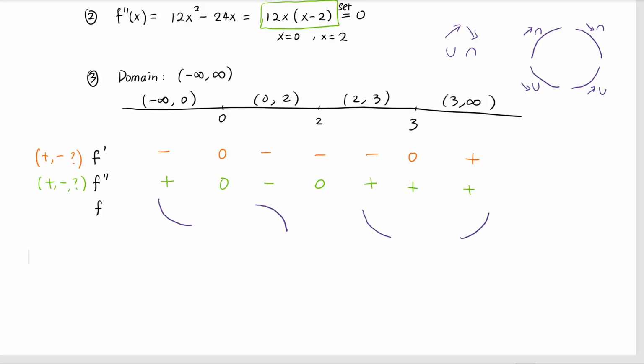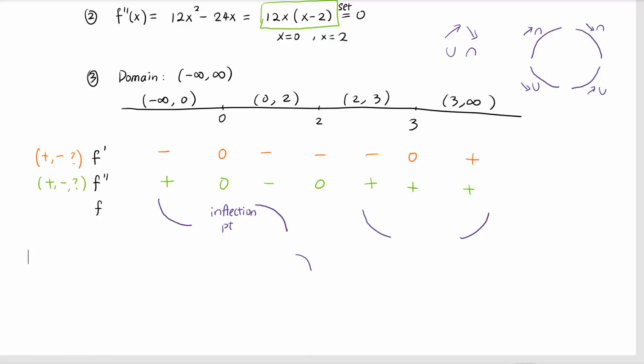So we have this. Okay, all right, so let's imagine. This guy, we have decreasing and then like that. So what's this point? Well, it's not maximum, not minimum, but it's inflection point. So this is inflection point.